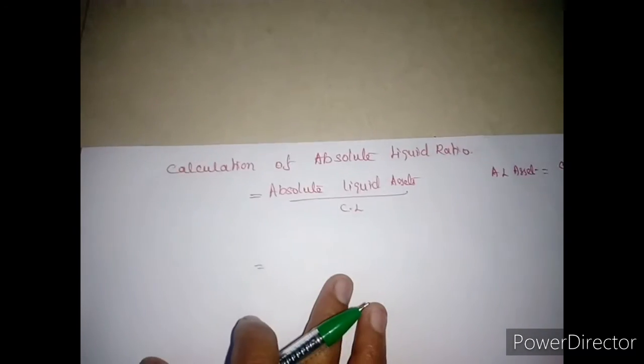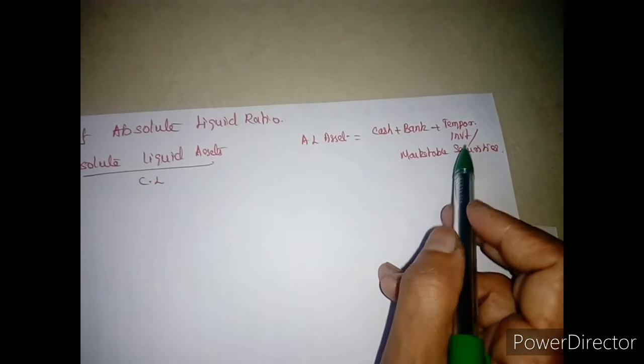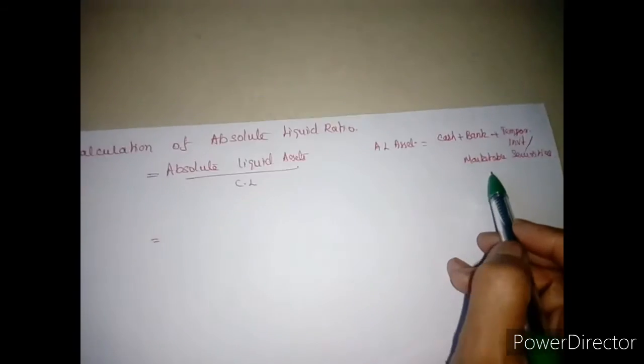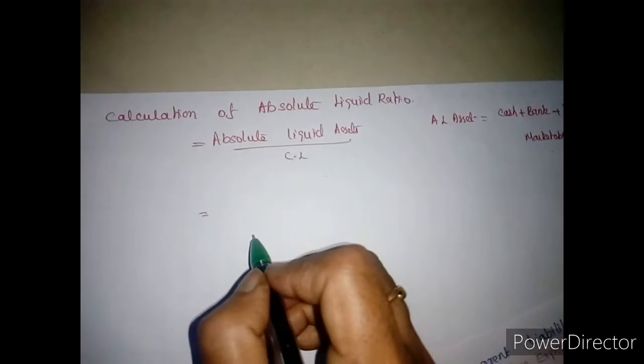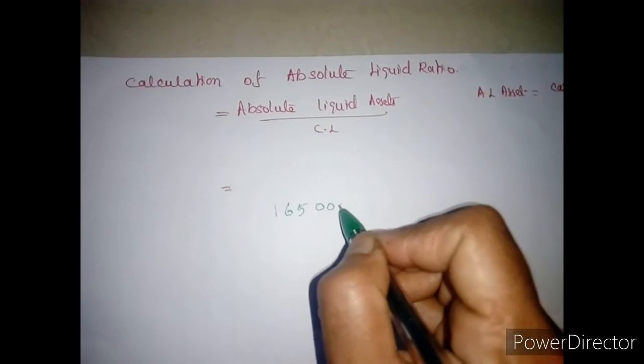Next we go for the third one, the absolute liquid ratio. Absolute liquid ratio means cash, bank, temporary investment or marketable securities. We take only these things. Current liability as usual, you know, is 1,65,000.